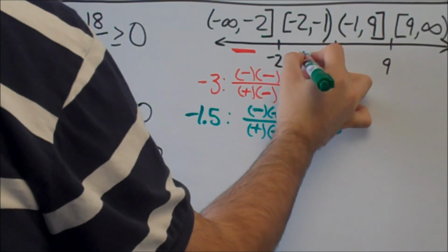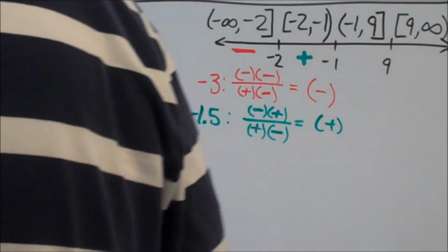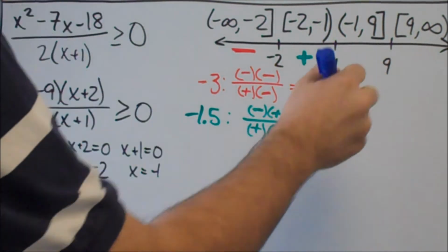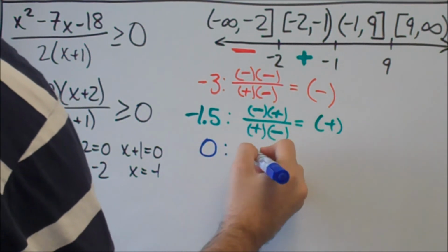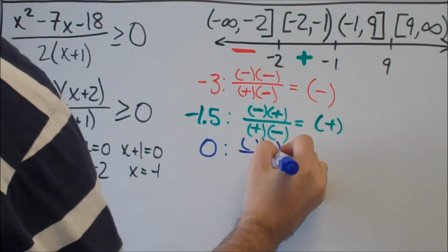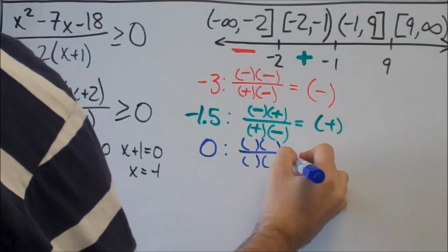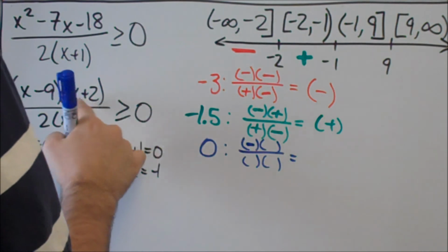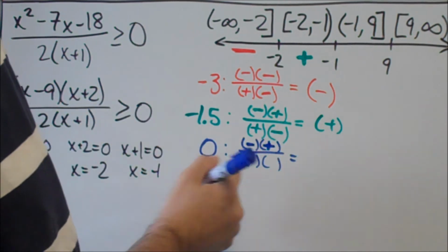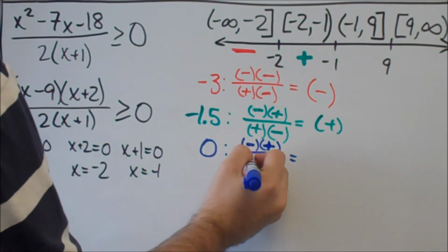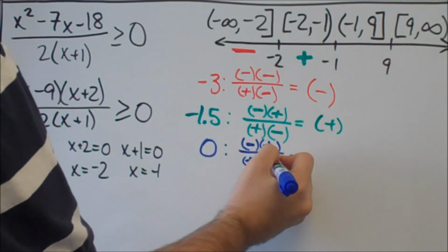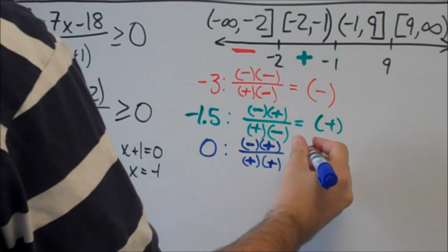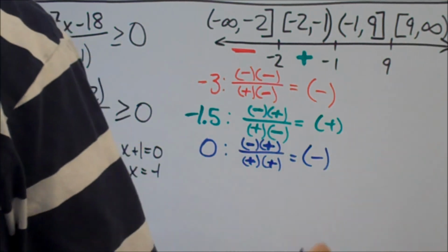I'll put a plus sign in between there. Alright, one between here, let's pick 0. If you plug 0 in for x, you get a negative, a positive, 2 is always positive, and this one's positive. So an odd number of negative signs means it's going to be negative.